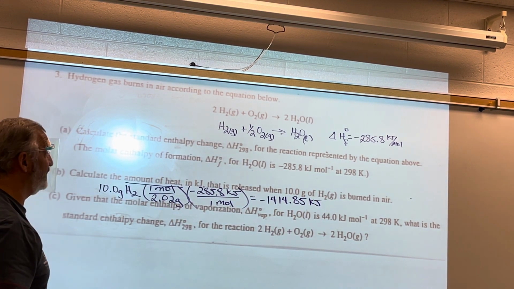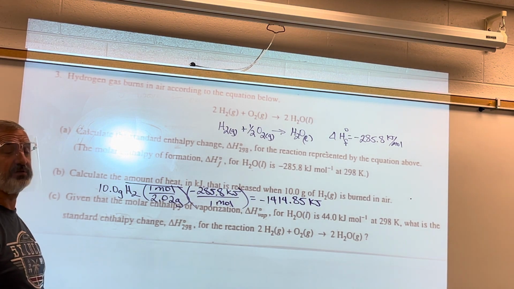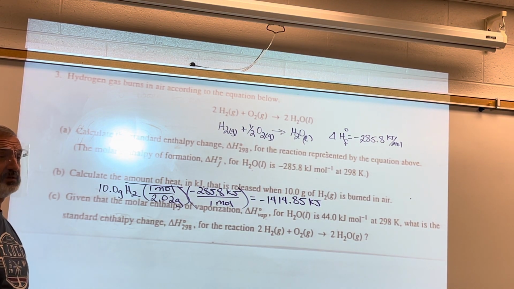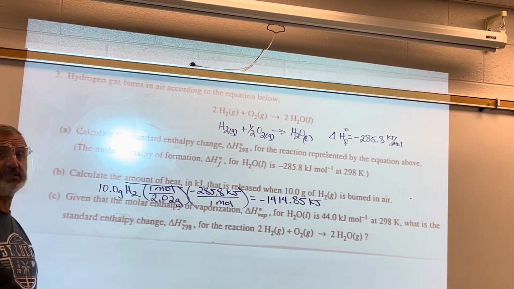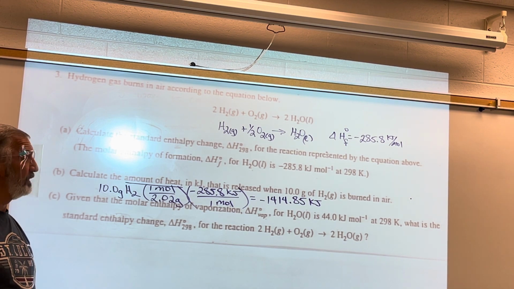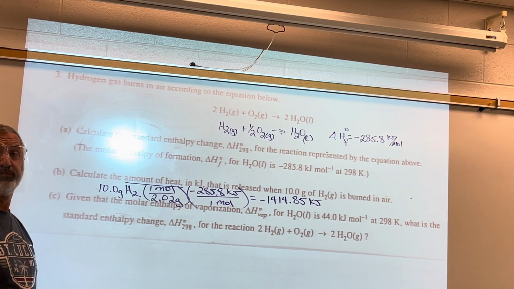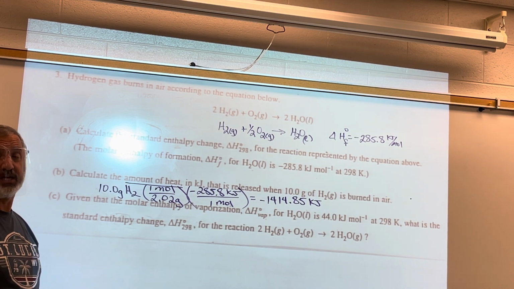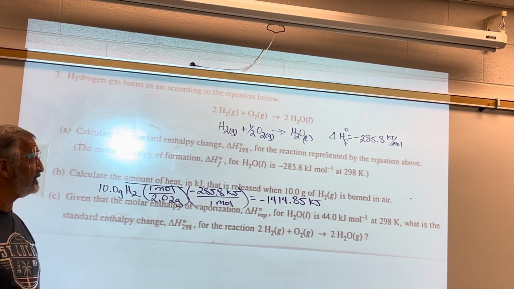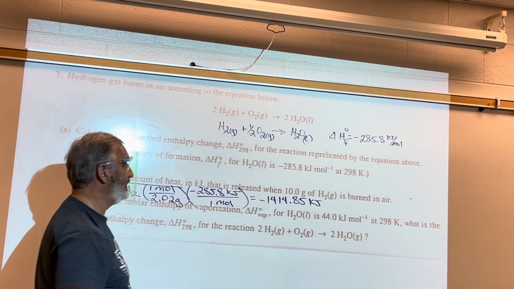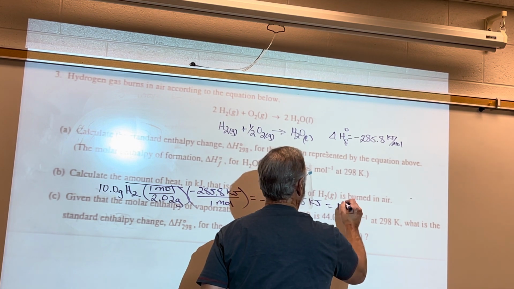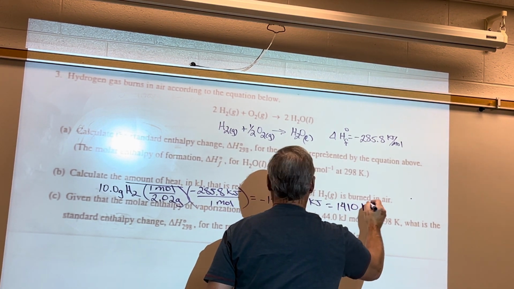How many sig figs should we have? 3. So what would that be to 3 sig figs? 1410, right? It's not going to be 141 because 1,414 doesn't round off to 141. 1410 kilojoules. And it's negative.